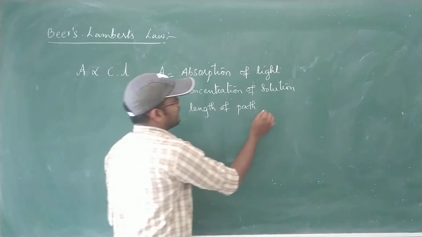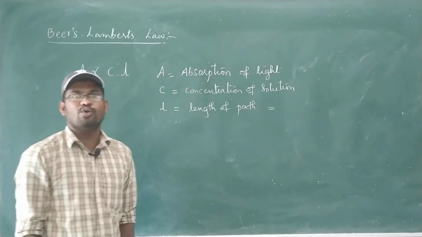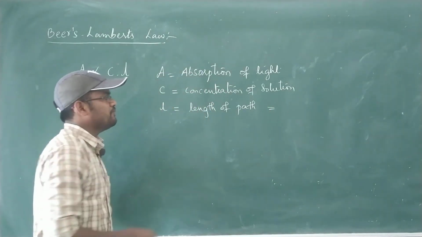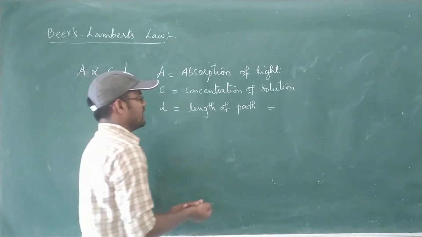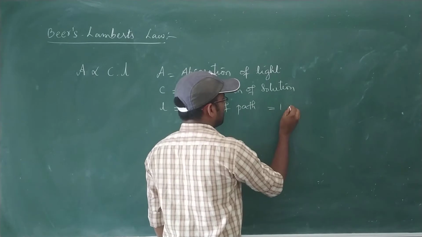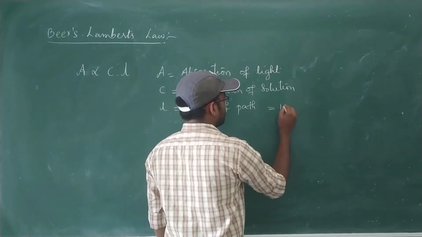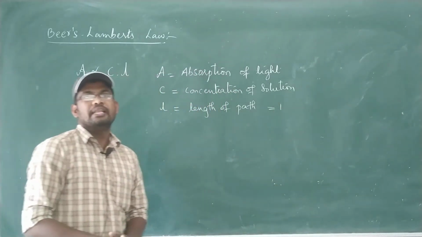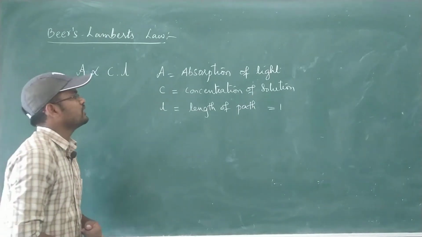In general, in a colorimeter or spectrophotometer experiment, the path length of the tube we always take as 1 centimeter, generally 1.